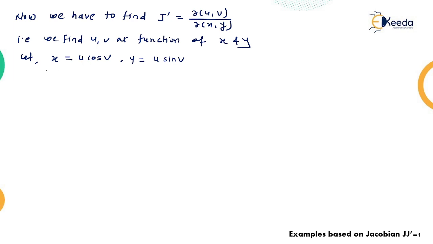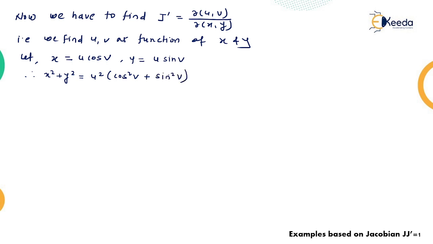So you have to eliminate the value of v. Therefore I am squaring and adding. So x square plus y square is equal to u square, cos square v plus sine square v.